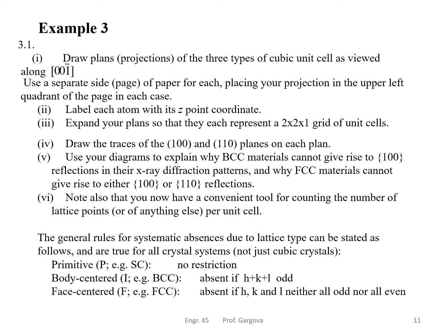Okay, so for example 3, we're going to draw some projections, and we're going to do it on 3 types of cubic unit cells as viewed from the 0, 0, -1 crystal vector.